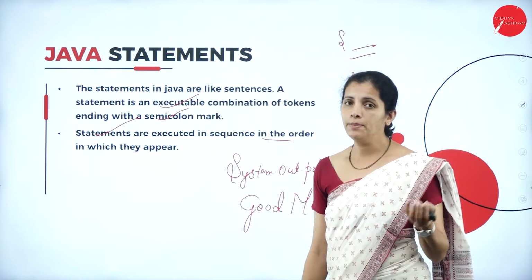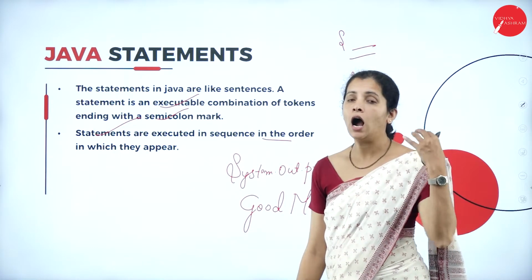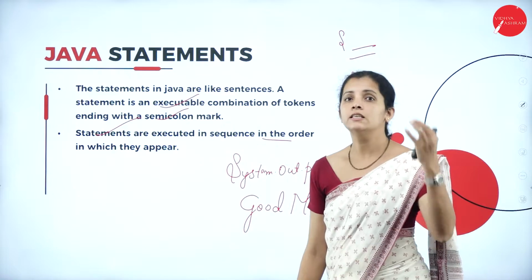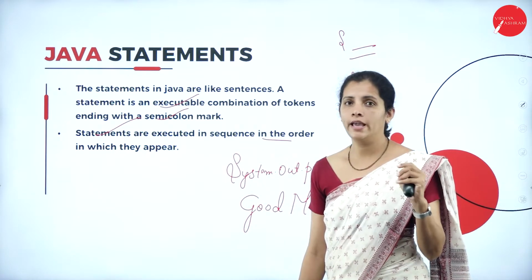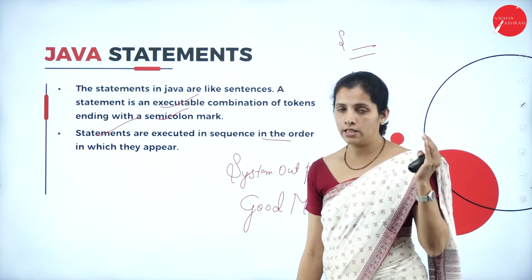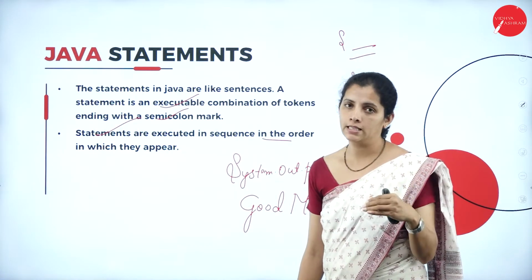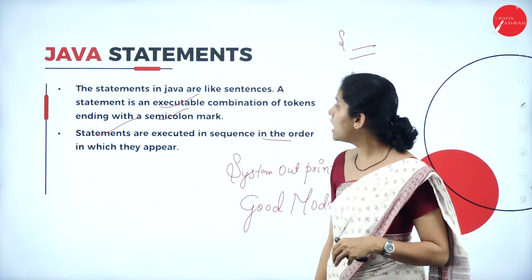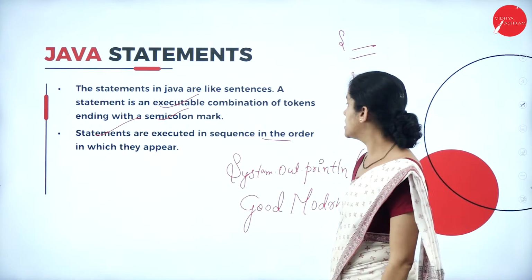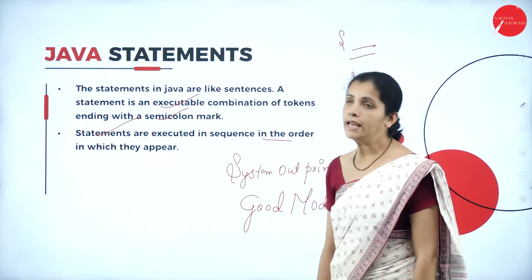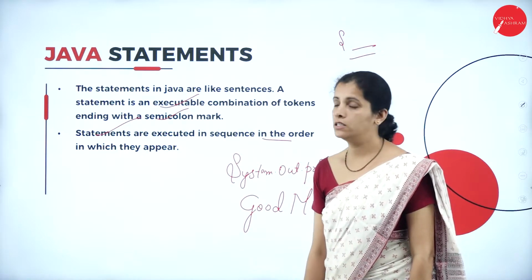The way I write them, in the same way they are going to execute. So execute one line, and after the completion of that line, execute the next line. So statements are executed in sequence in the order in which they are written.